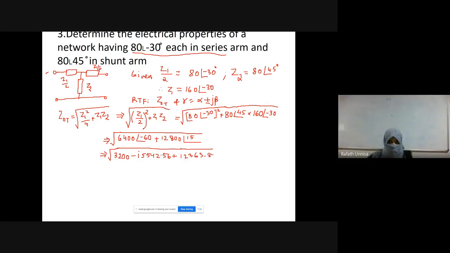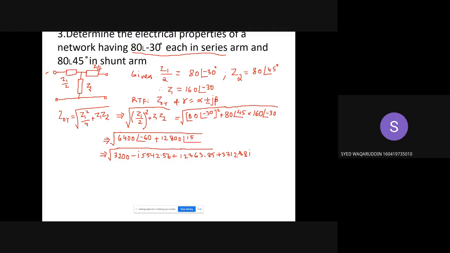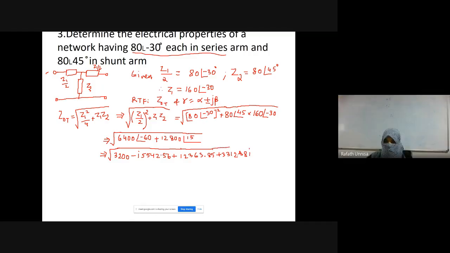So 12363.85 plus j3312.883. Okay, I'm taking 0.88 j. Now you can add the real terms and imaginary terms separately and give me the answer.